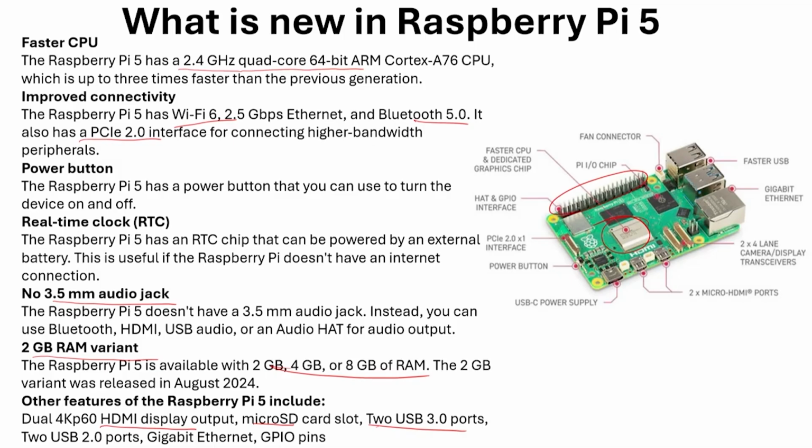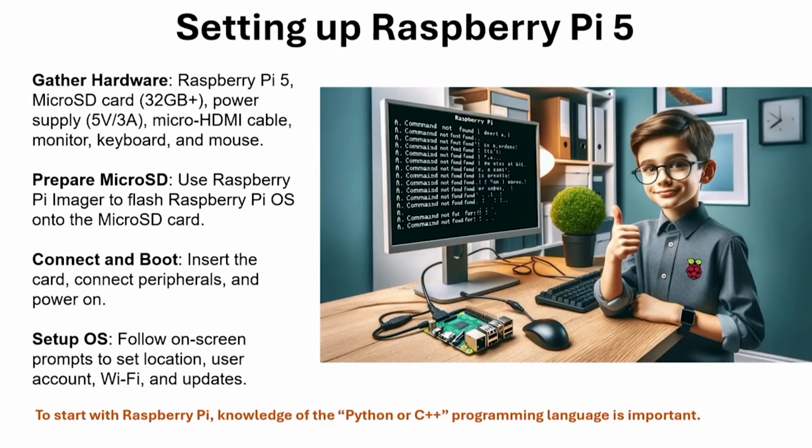You have the power button, the USB ports, the micro HDMI ports, a transceiver for camera or display, the Ethernet connectivity, and a fan connector to cool the entire system. So, it is a big system arranged keeping all the possibilities of safety.